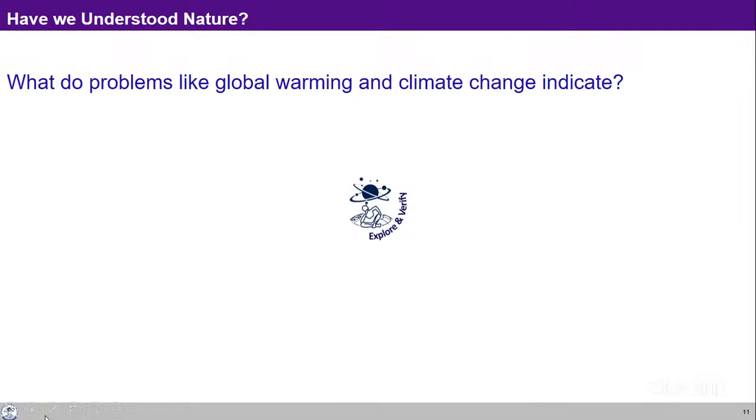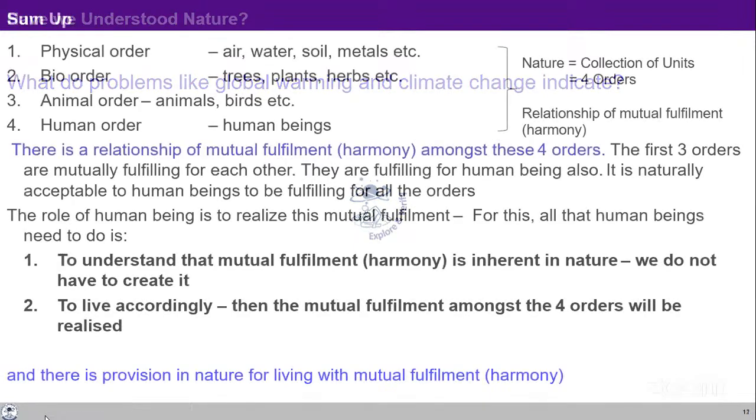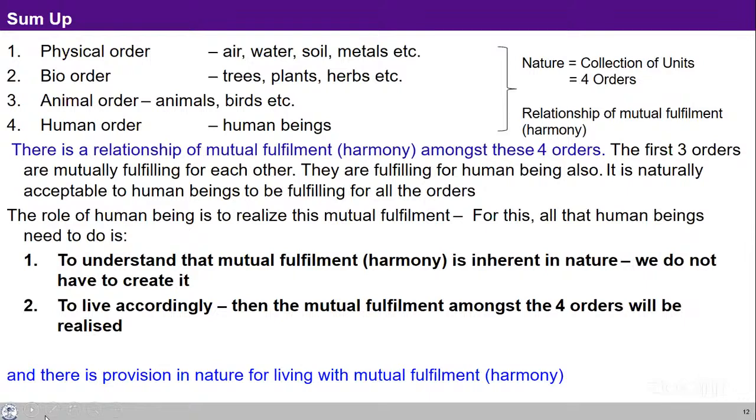Because of the human intervention, we are creating problems. Those are leading to global warming and climate change. So what do we need to do? With right understanding, we can take the actions that can contribute to the harmony of the nature.